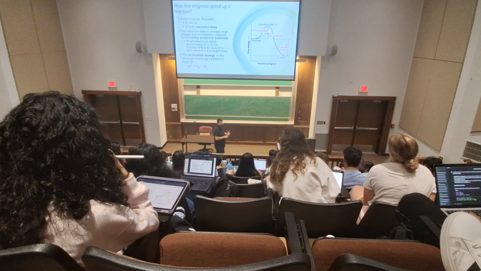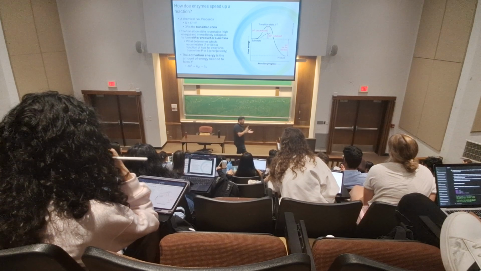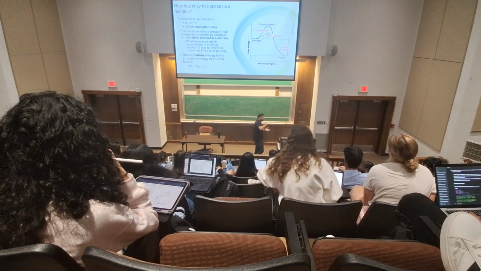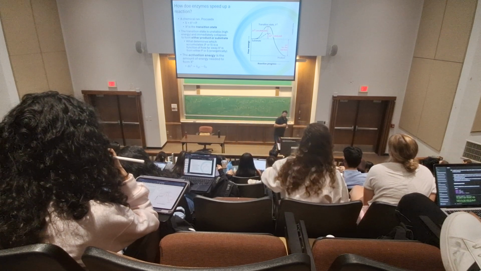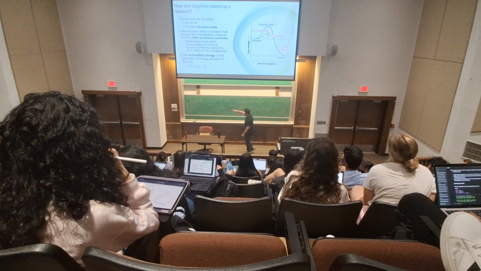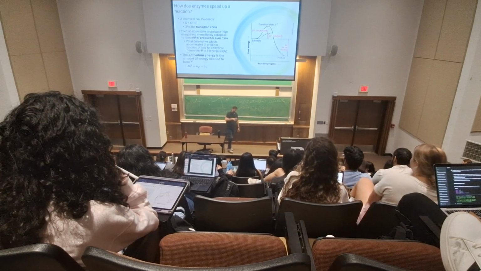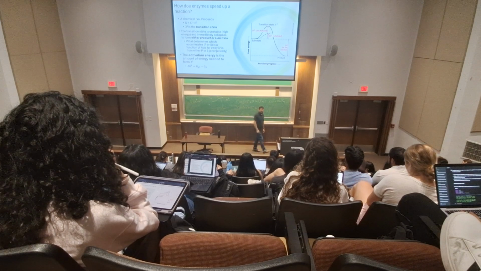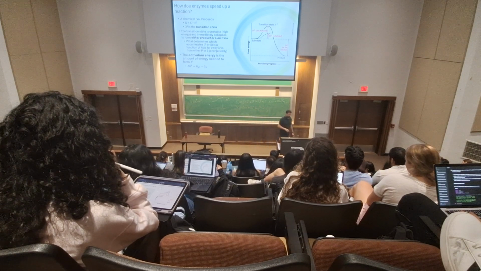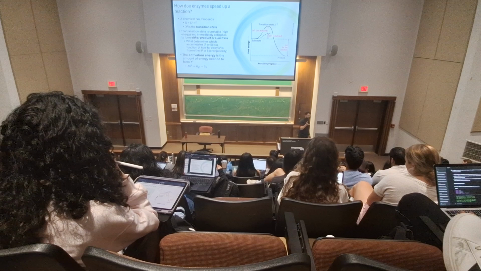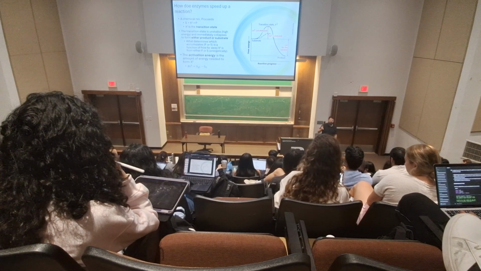So now we have a problem, because we've got S bound, and S is supposed to get to X, but now in addition to the normal amount of energy that we have to put in, the activation energy, we also have to break those bonds that are being formed between E and S. Right? So it can't be that E binds S so well, and then magically makes the reaction proceed forward.